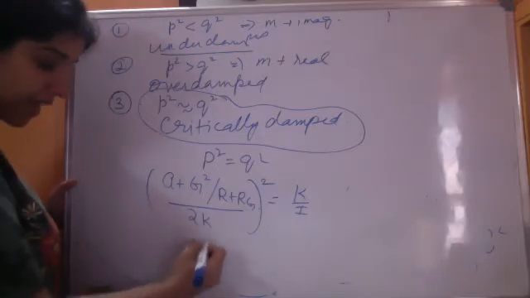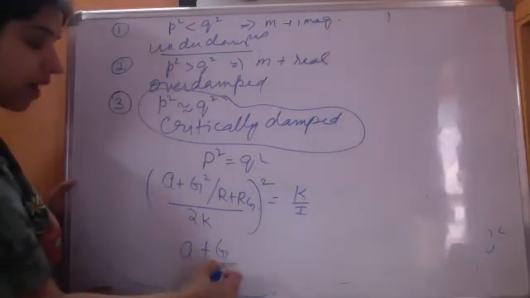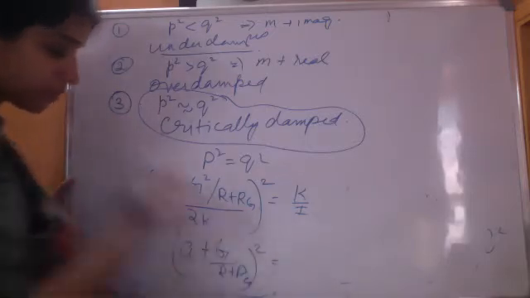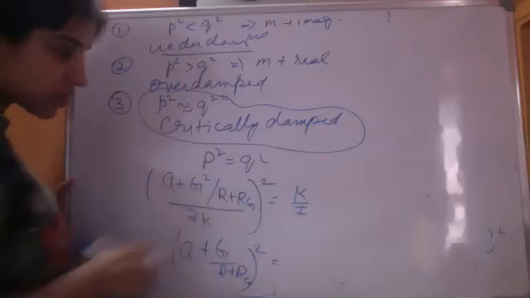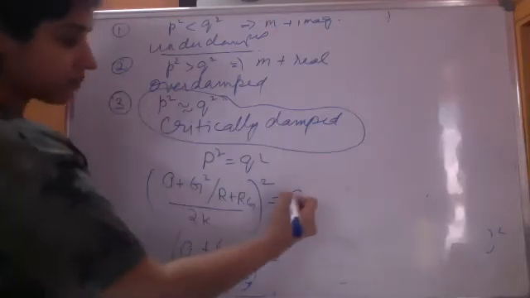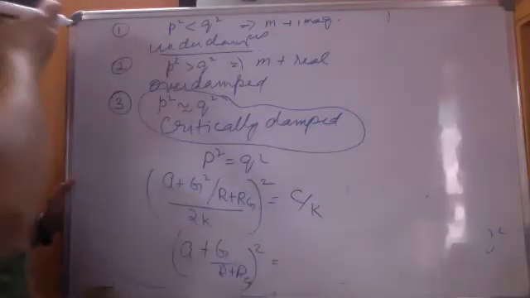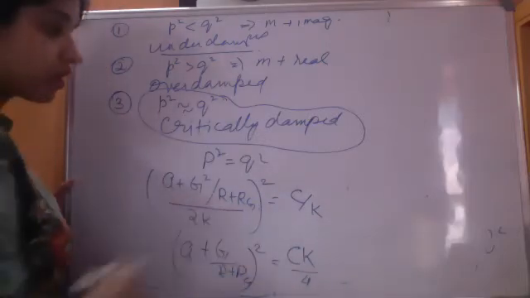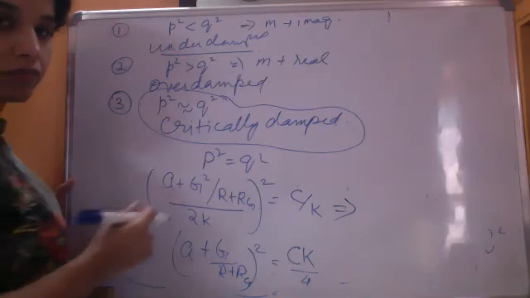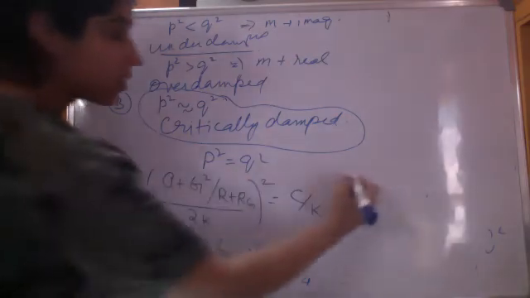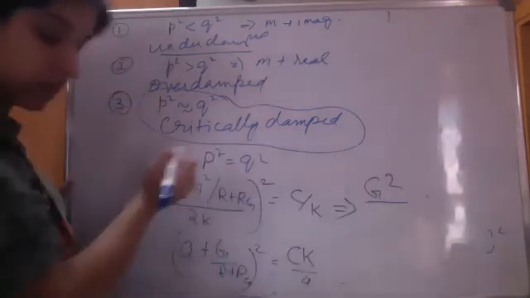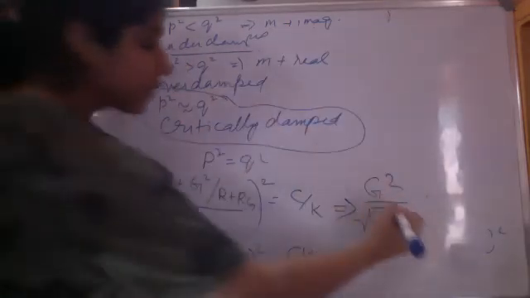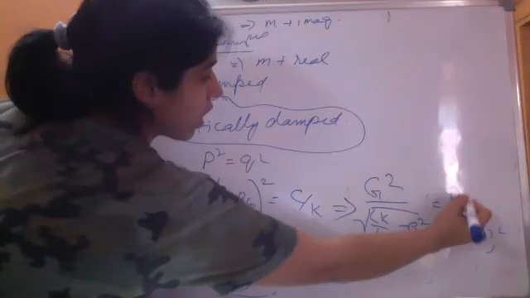And you can write this as (A plus G) (R plus RG) whole square as, sorry, this is not K by I, this is C by K. I'm so sorry, C by K. So this gives you CK by 4, which ultimately gives me G square by (CK by 4) minus A square equal to R.